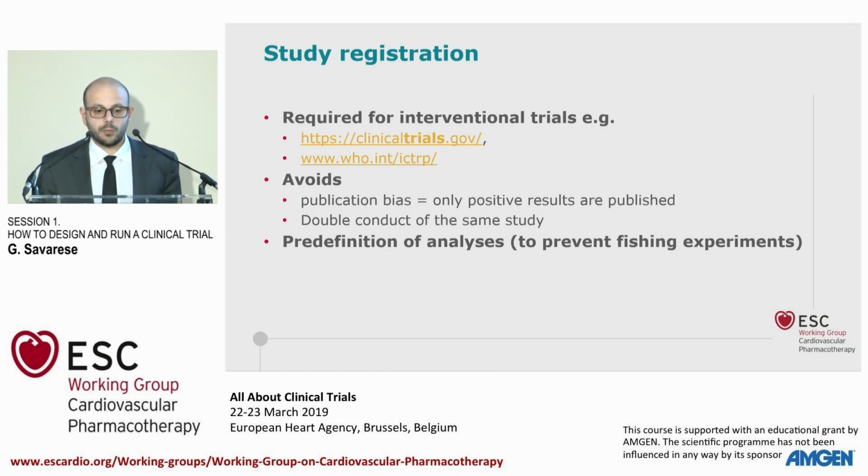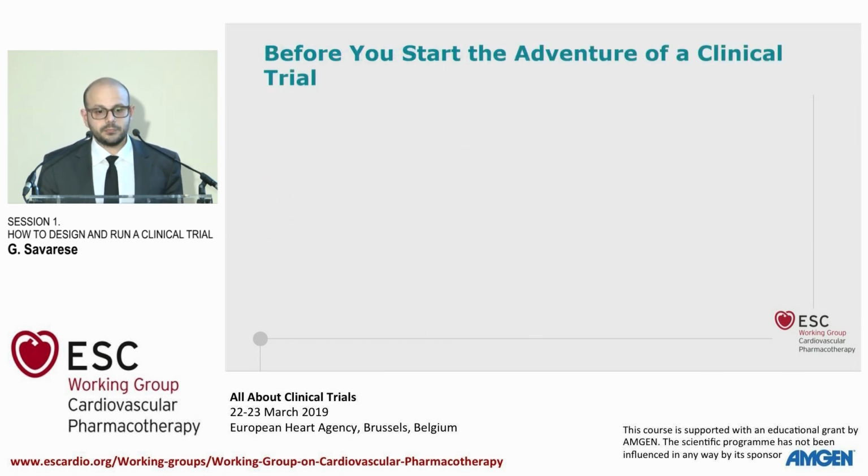That's very important. Tomorrow we will talk about the assessment of publication bias, for example, in meta-analysis. And the registration of studies in these large databases of trials avoids, for example, conducting the same study twice, so patients are not exposed to a potentially dangerous treatment twice. Always have a predefined analysis in order to prevent fishing experiments.